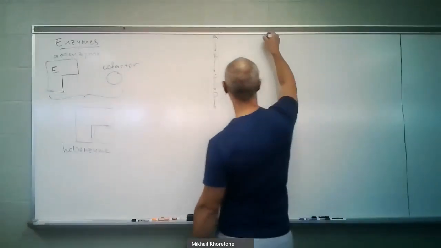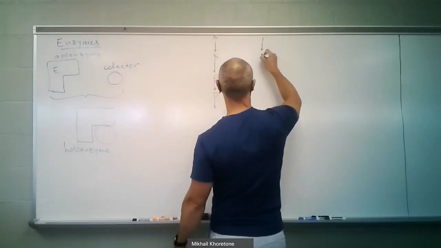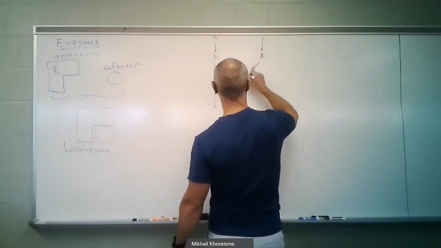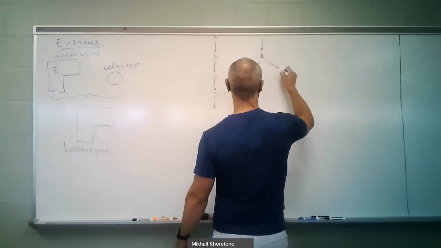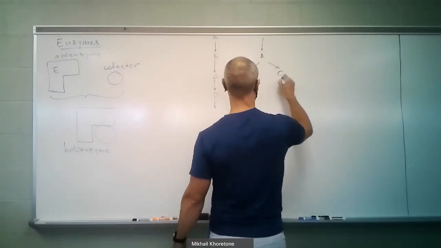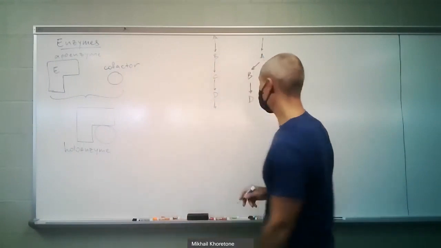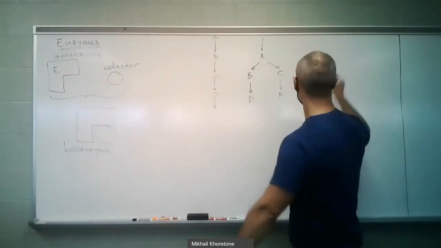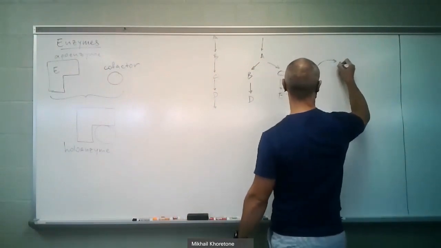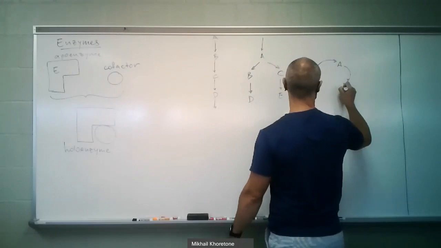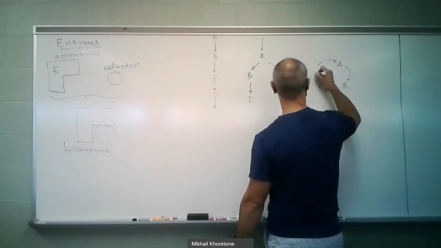You can have a metabolic pathway where A, B, C, D can be divergent. You can have a metabolic pathway that is a cycle.